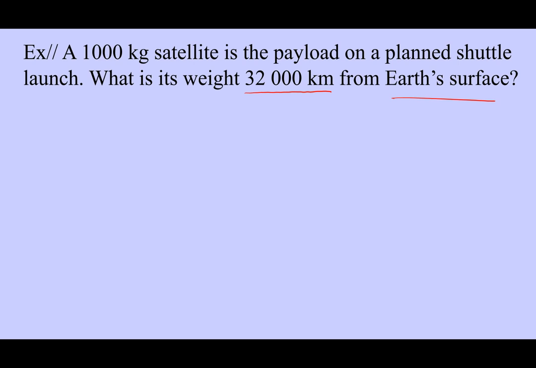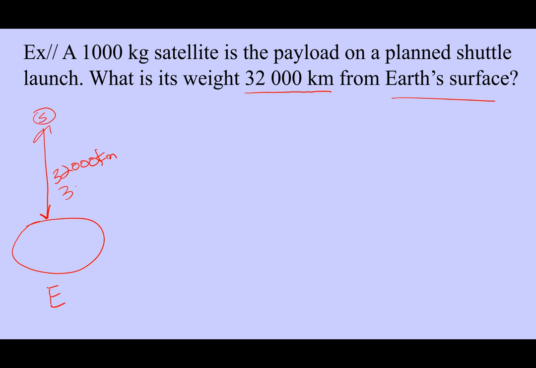So I'm just going to show you. I'm just going to put S for satellite, so it's here, and E for Earth. So it says the satellite is 32,000 kilometers from the Earth's surface.